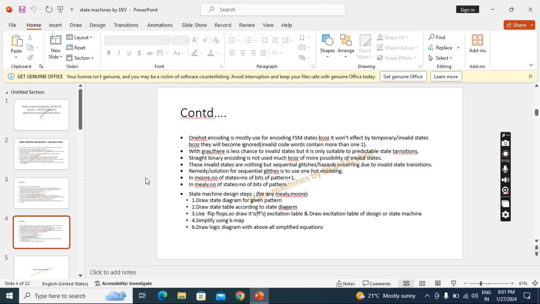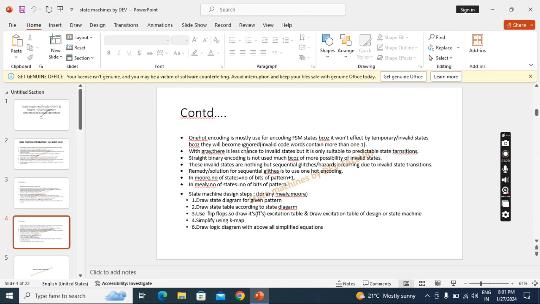One hot encoding is mostly used out of gray, straight binary, and one hot. We mostly use one hot encoding in state machines because it won't be affected by temporary or invalid states. Those invalid states are ignored because they contain more than one 1, so it becomes an invalid one hot encoding.